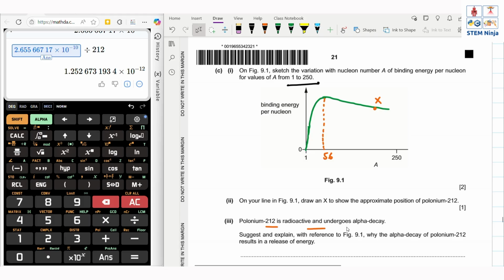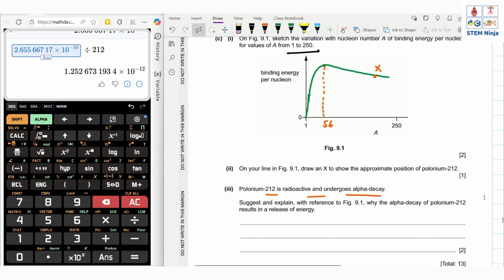Polonium 212 is radioactive and undergoes alpha decay. Suggest and explain with reference to figure 9.1 why the alpha decay of polonium results in a release of energy.